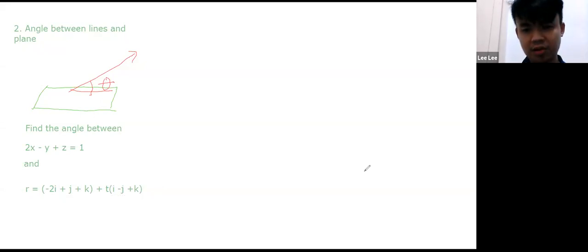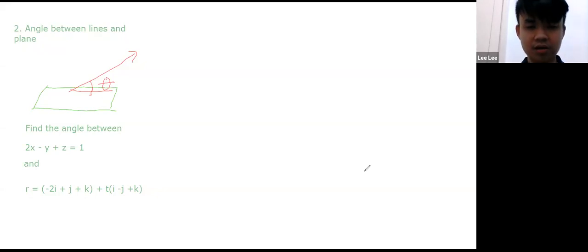First, you should be able to differentiate which one is the plane equation and which one is the line equation. If you see the second one, it's really obvious that it is the line equation. The first one, if you paid attention to the example I gave you, you already know it's the plane equation, right?